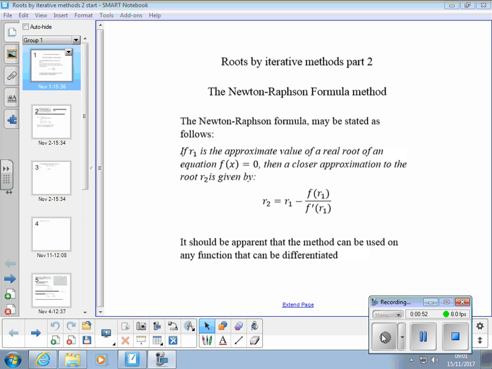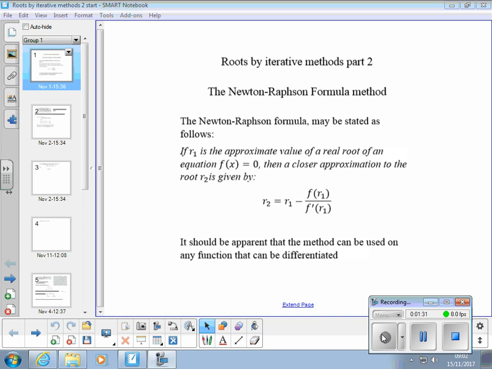So if r1 is the initial approximation of a real root of an equation f of x equals 0, then a closer approximation to the root, little r2, is given by r2 equals r1 minus the value of the function at r1 divided by the value of the differential of the function at r1. F dash means the first differential of f.